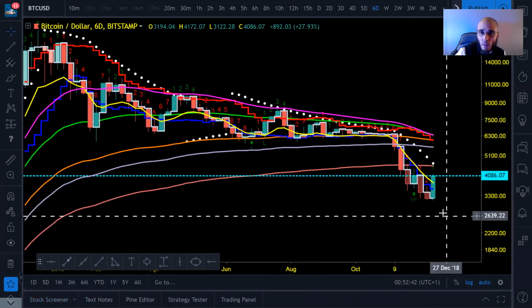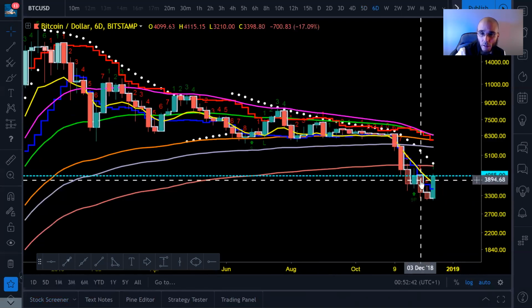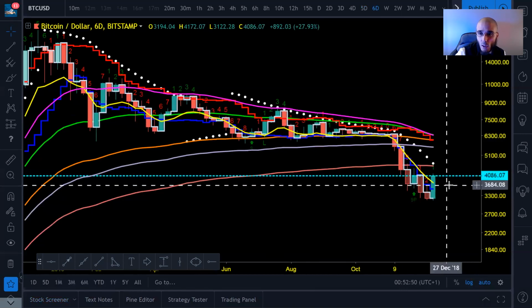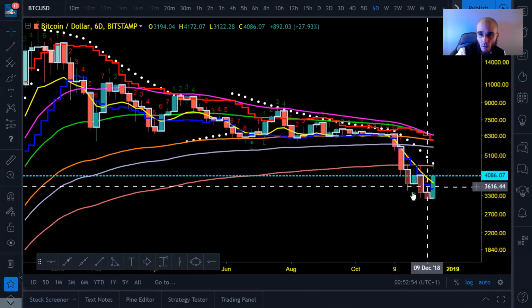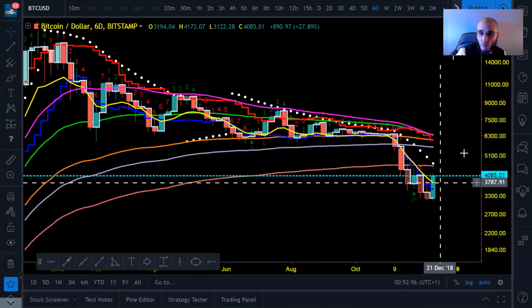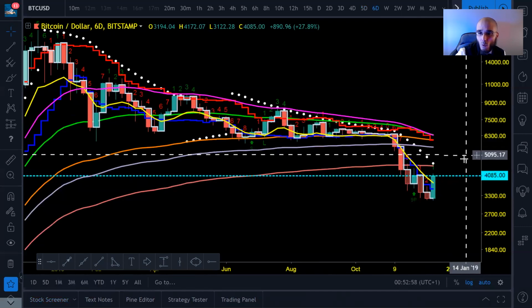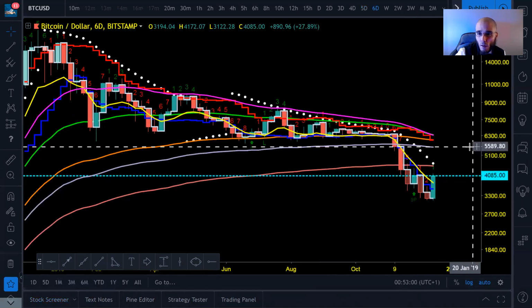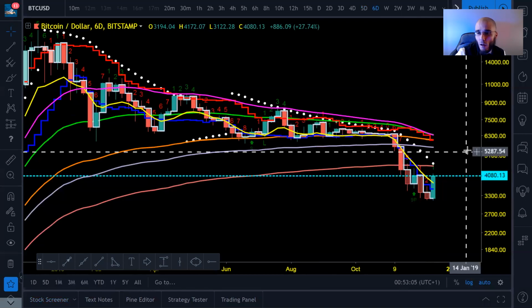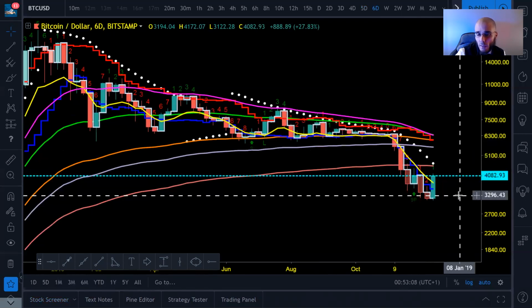So this chart is looking not as good as the last one, the 5-day chart. And this chart could bring us only to around that moving average, the 128, and then lower. So around 5K or 5.5K.